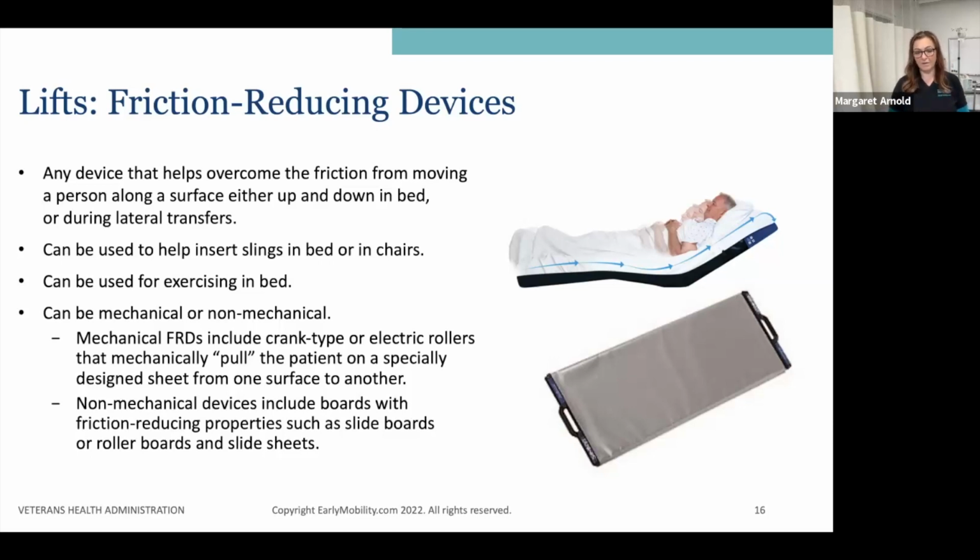Some are more of a plastic type material that have a silicone coating that makes them slippery, or it might be more of a nylon material, more of a woven material with, again, a slippery surface that enables you to move your patient on a surface with very little force or between one surface and another. And we'll see several examples of these.